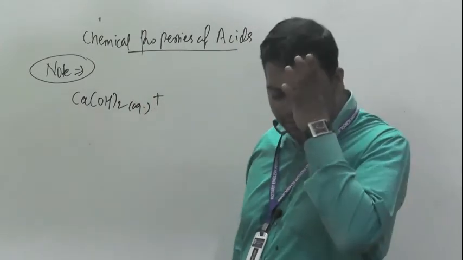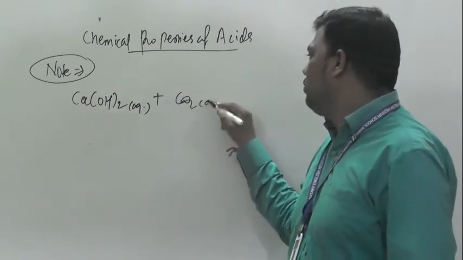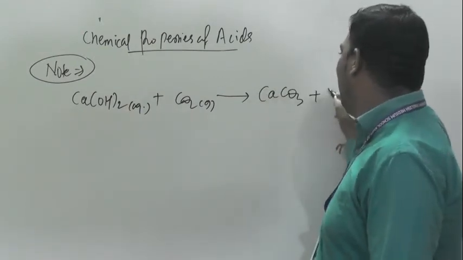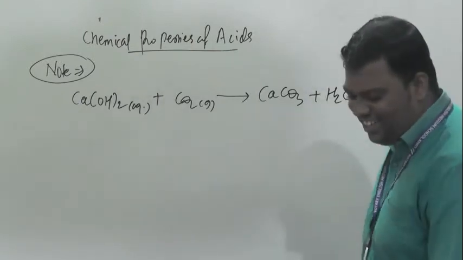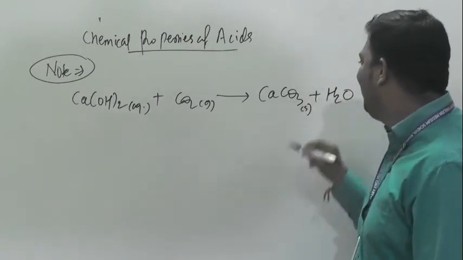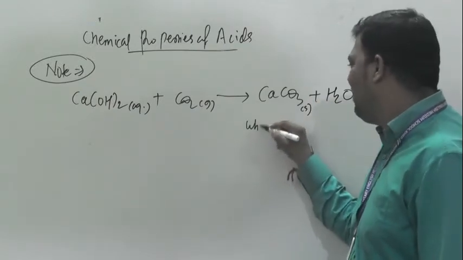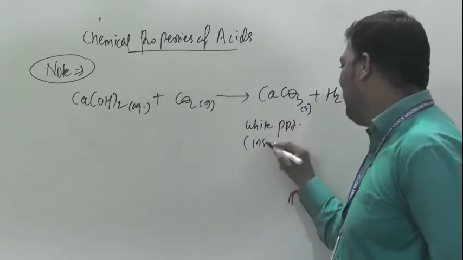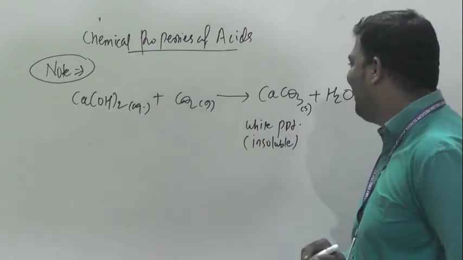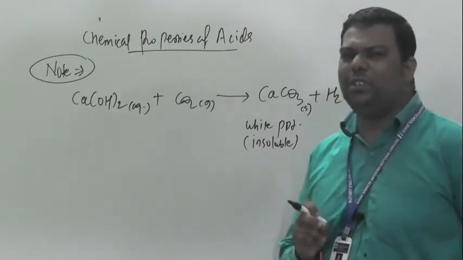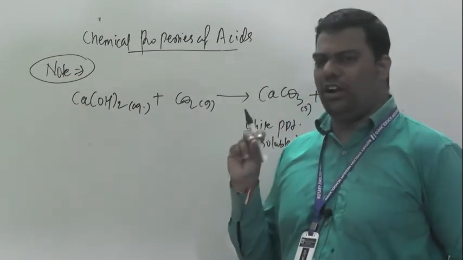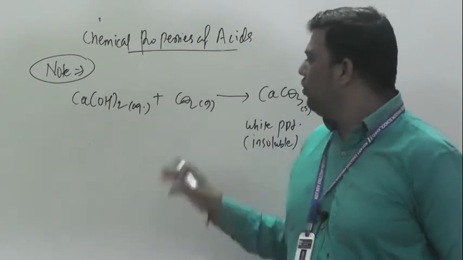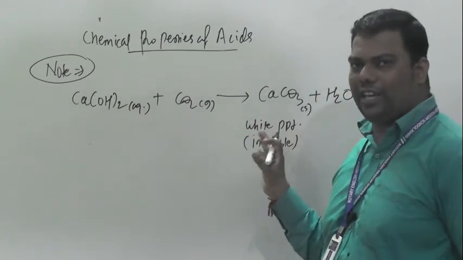If you pass CO2 gas, obviously you will get a precipitate of CaCO3 plus H2O. It is a solid, a white precipitate, and as you know, a white precipitate is always insoluble. Understood? Many questions are asked on this: if you pass CO2 gas through calcium hydroxide, you will get a white precipitate of calcium carbonate.